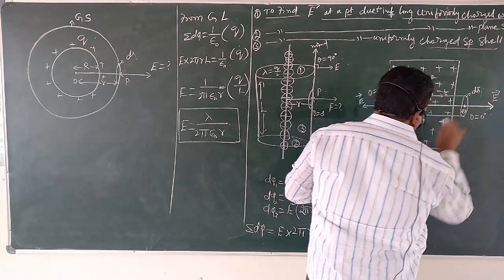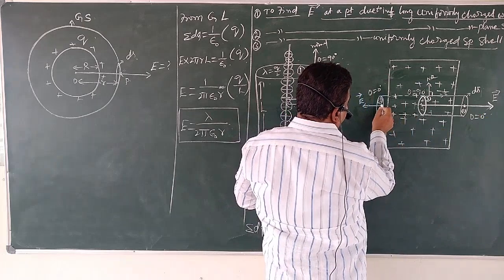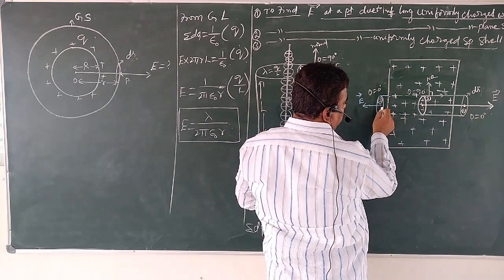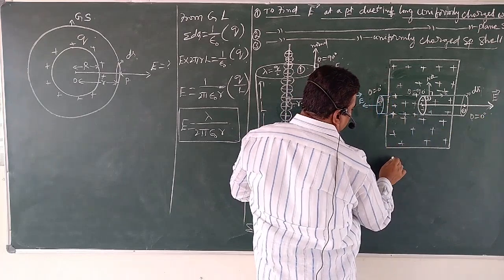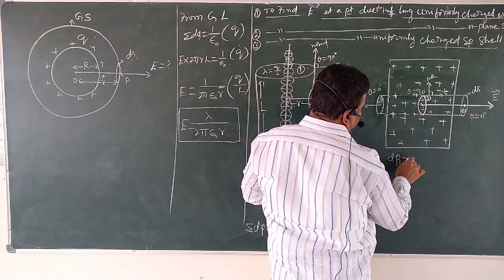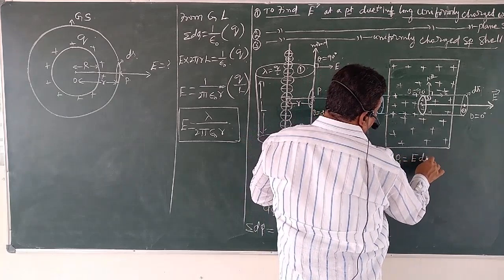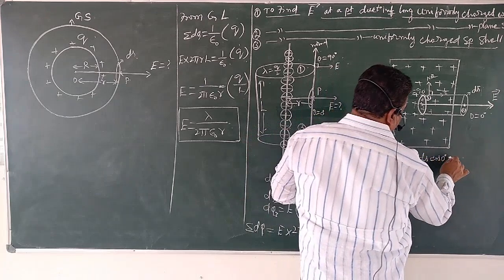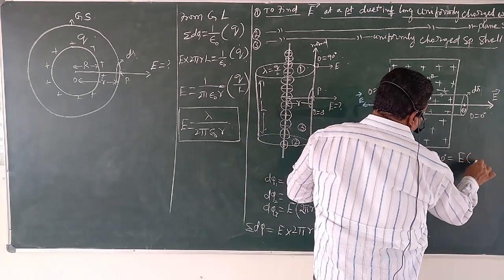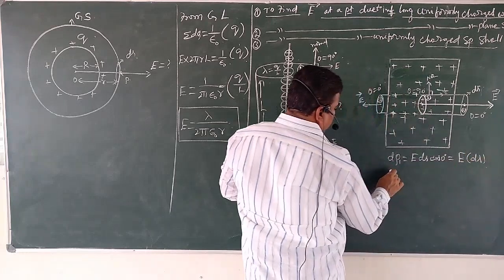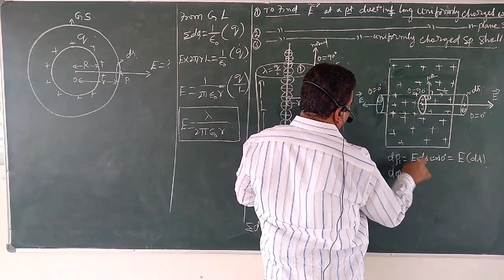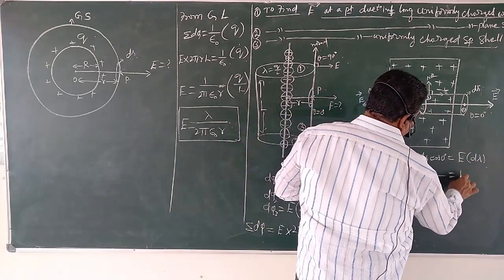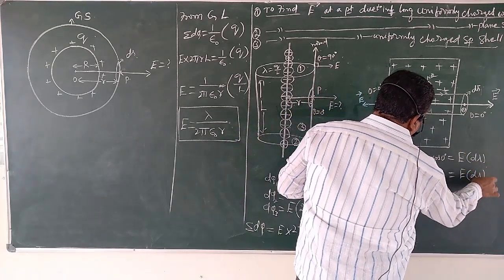Therefore, theta is 0 degrees. In the second circular surface also, theta is 0 degrees. Therefore, the electric flux through surface 1 is E ds cos 0 degrees. Cos 0 is 1, so it is E ds. Through the second surface, we have the same thing, E ds cos 0 degrees, which is E ds.